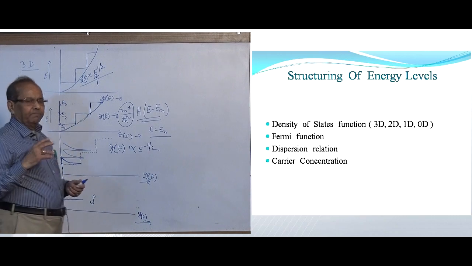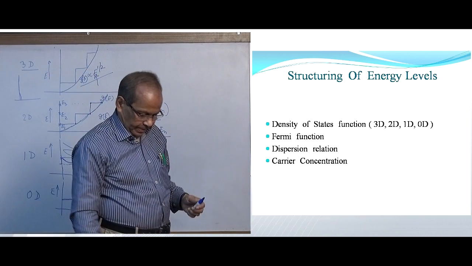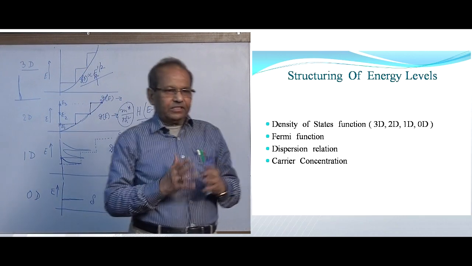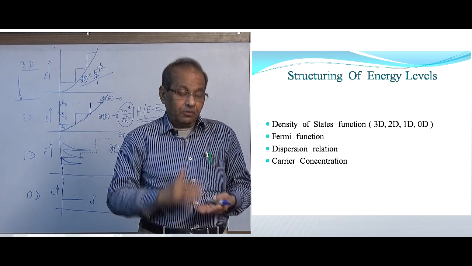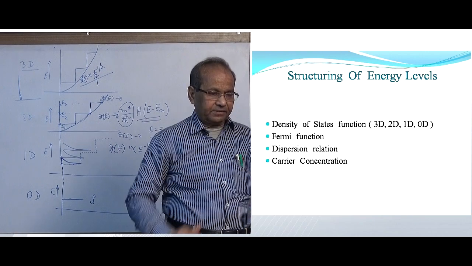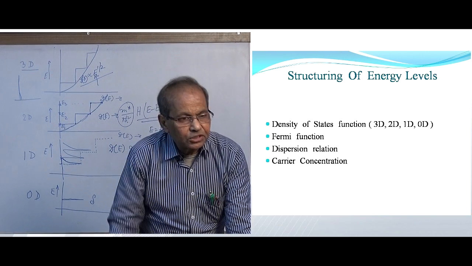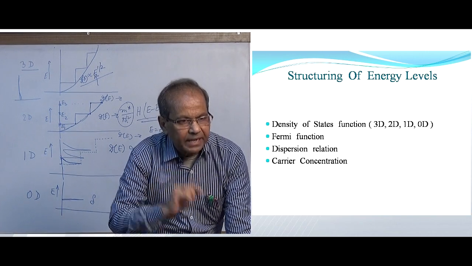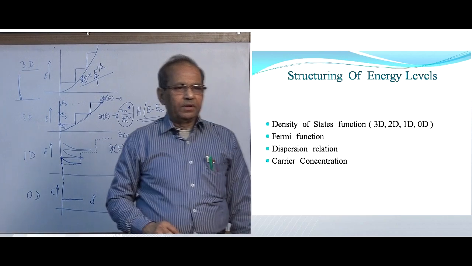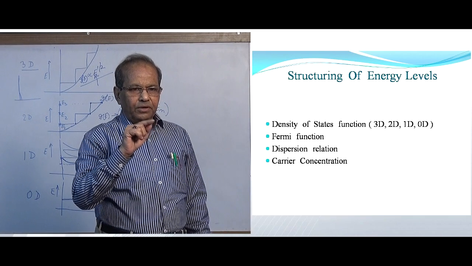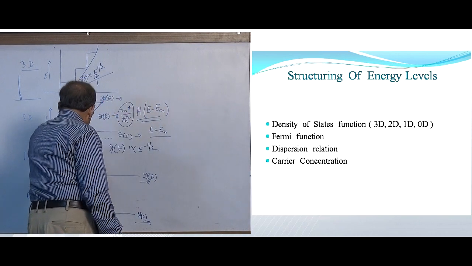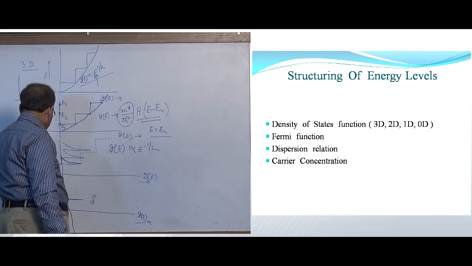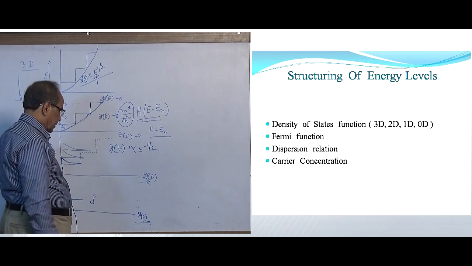What is important to note is that the state density is actually the packing, how close the energy levels are packed. This closeness of energy level packing changes drastically from 2D to 1D, and from 1D to 0D.